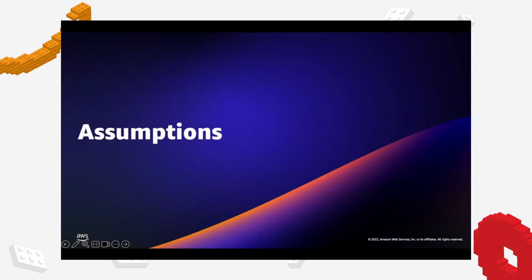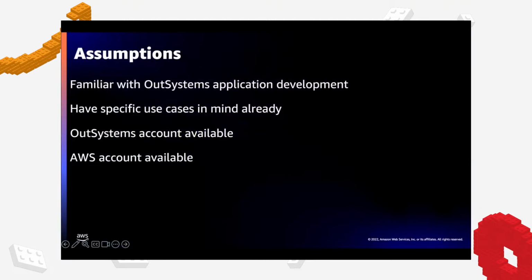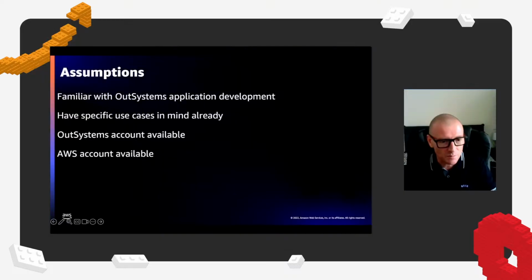So before we start, how does it work? How can developers use AWS services with their OutSystems applications? There are a couple of assumptions that we start with. You'll need a little bit of familiarity with OutSystems application development, and you'll see some of that when Bruno does the demo later. Have your own specific use case in mind.